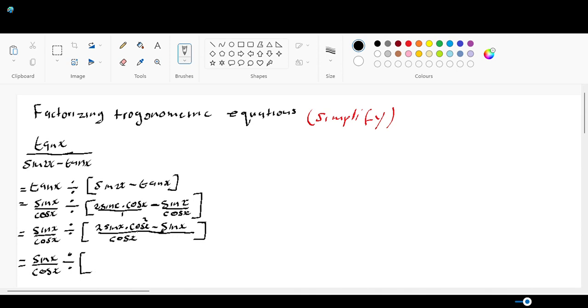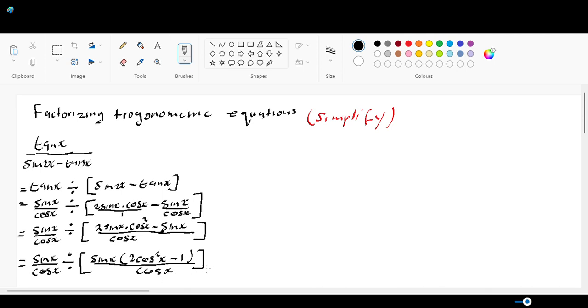Our common factor is sine x. So if we factor out sine x, we're going to be left with 2 cos squared x minus 1, close bracket, then we divide by cos x, and this is what we are having now.